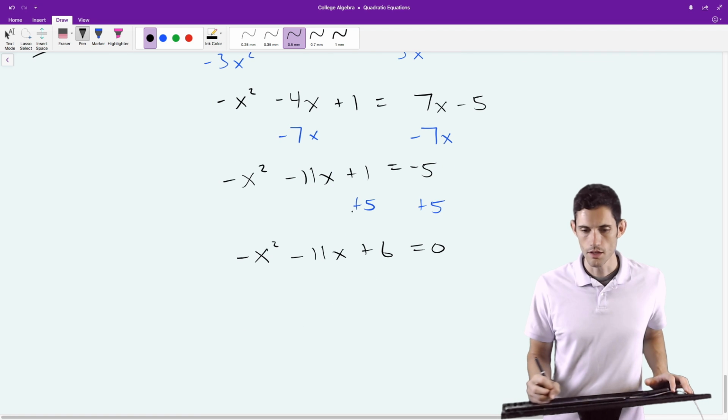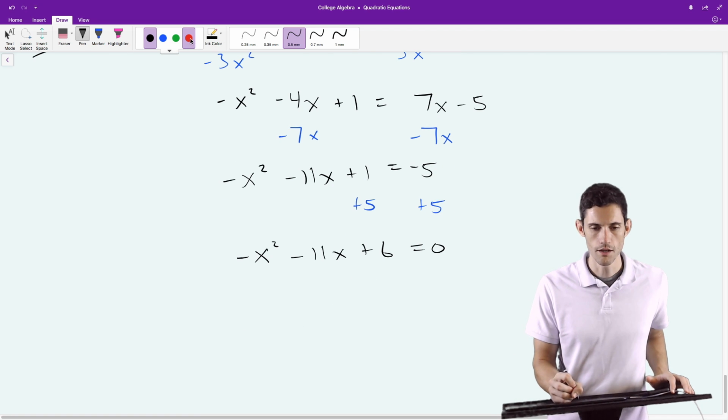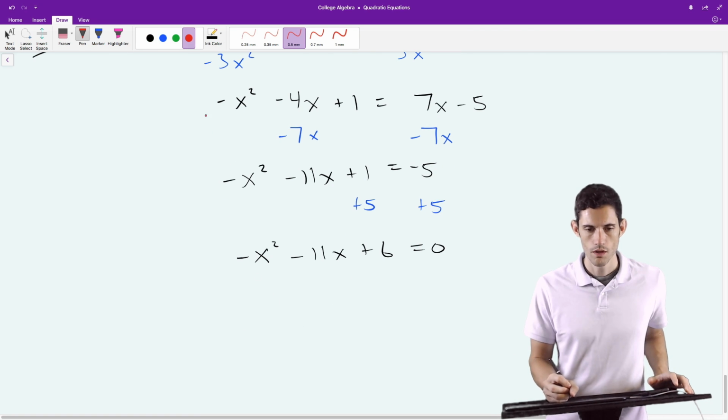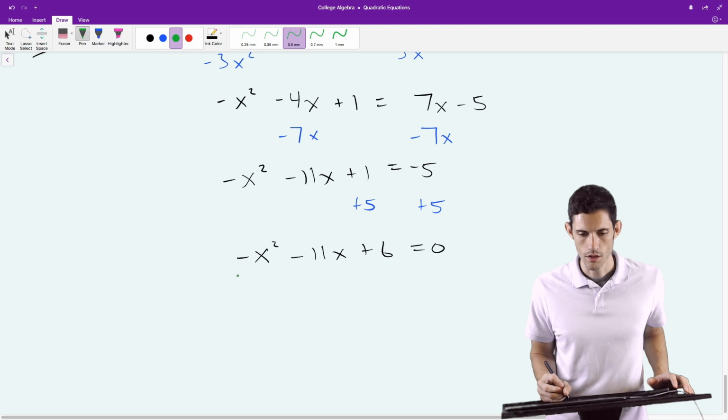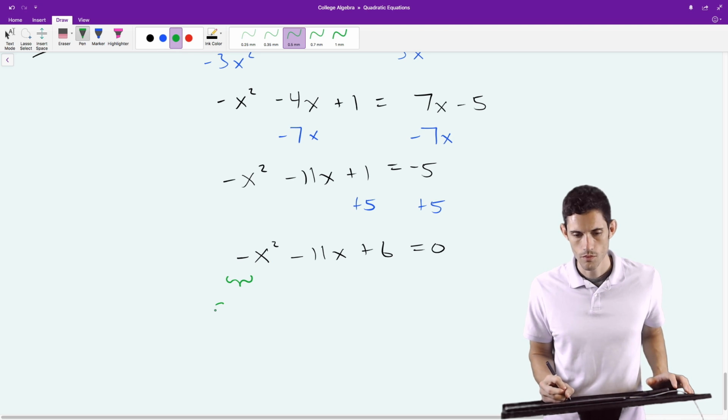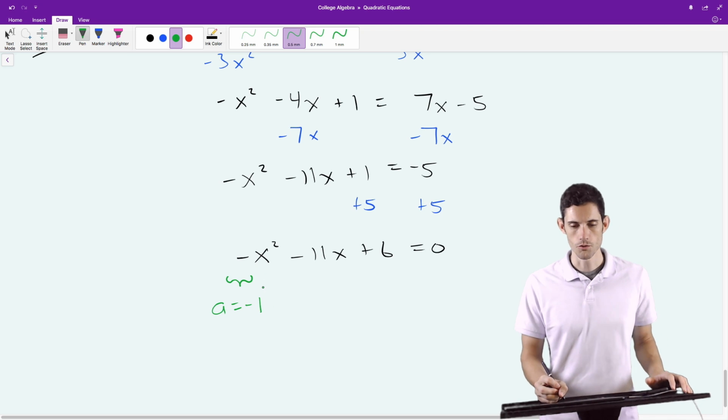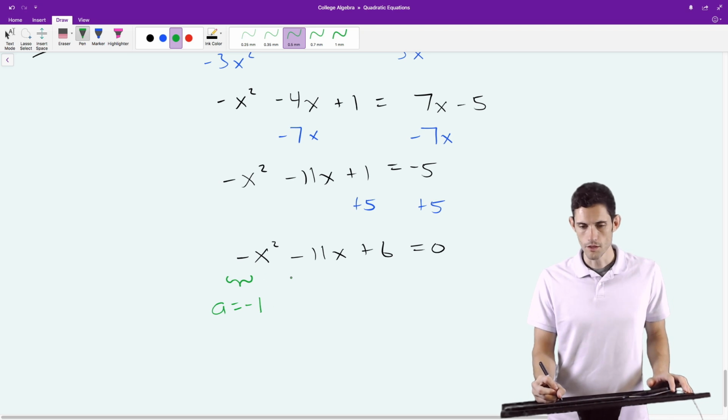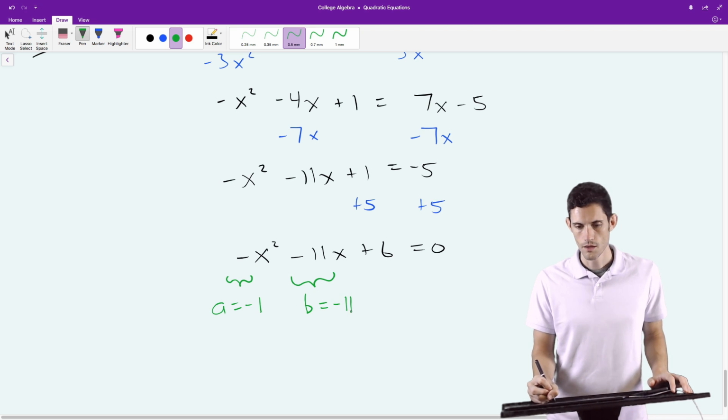So finally, it looks like the beginning of the quadratic equation, so our quadratic formula. So I've got this number, negative 1, multiplying my x squared. And I've got this number, negative 11, multiplying my x.